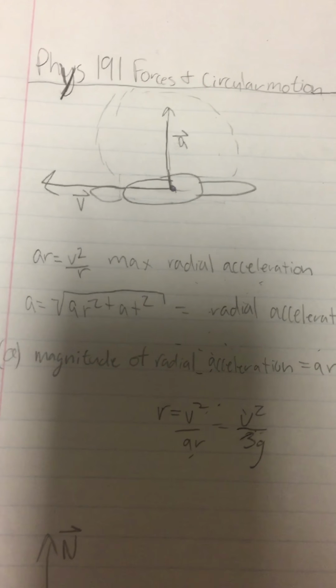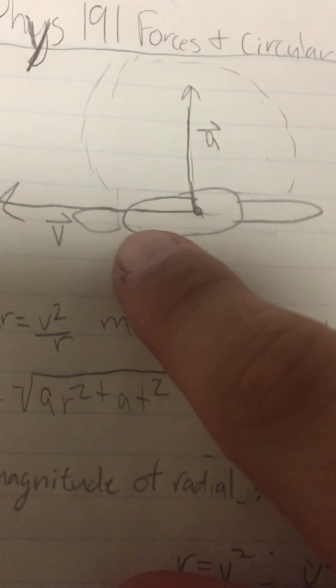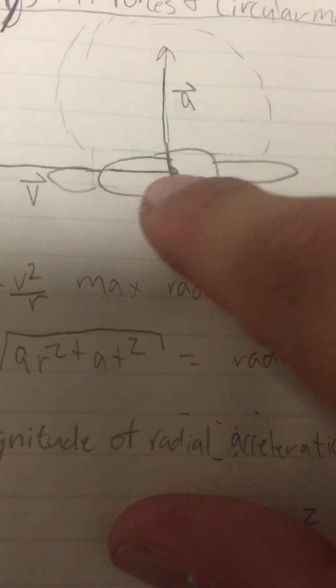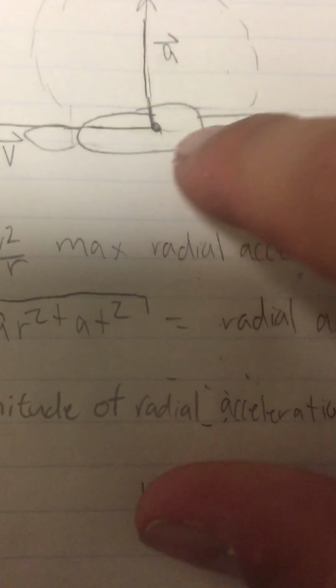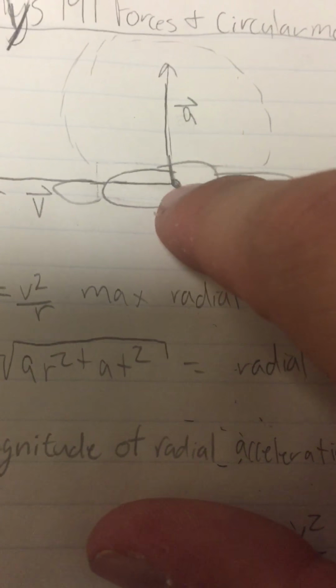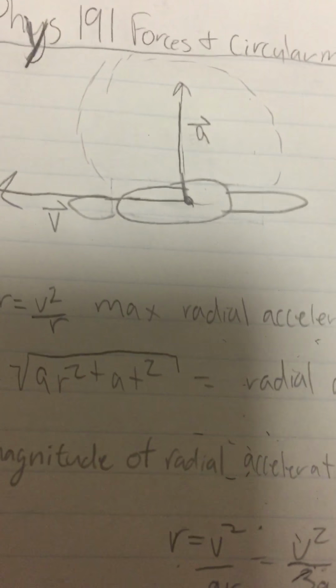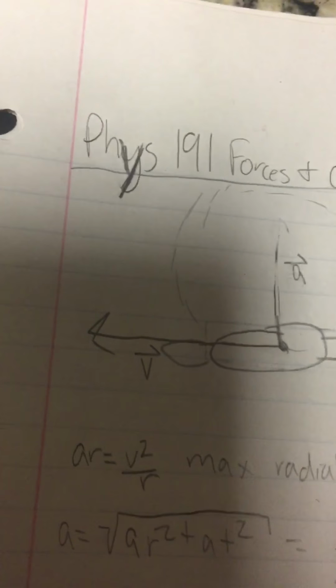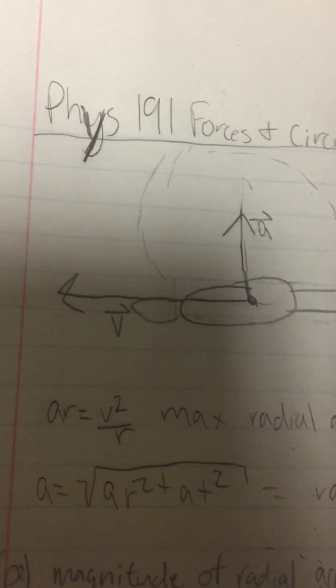So, you can see I did a free body diagram, and this is the plane, supposed to be a plane. It doesn't look good, but whatever. It shows the acceleration is going towards the center of the circle, which I drew a little long actually, but it's supposed to go to the center right here.